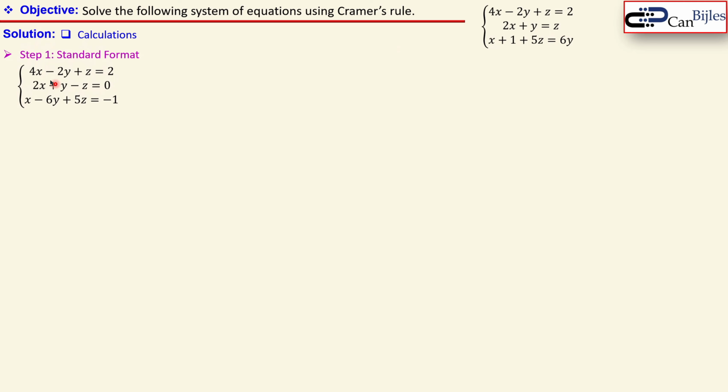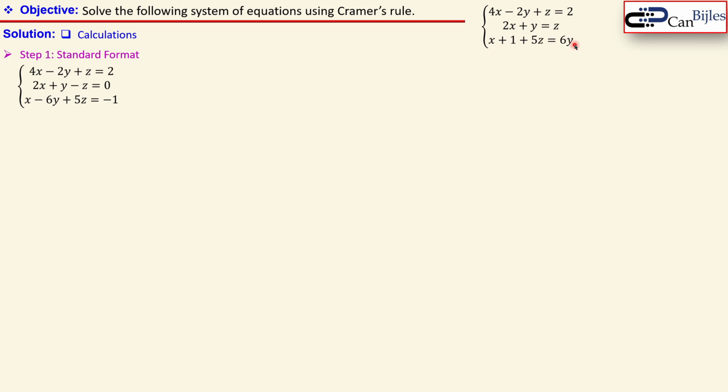The rewritten version in the standard form is shown here. The first equation was already okay: we see x, y, and z equal to a number. But in the second equation, we have x, y, but the z was on the right side, so we need to move it to the left side. That's why we have a minus z, and on the right side we have just a 0.